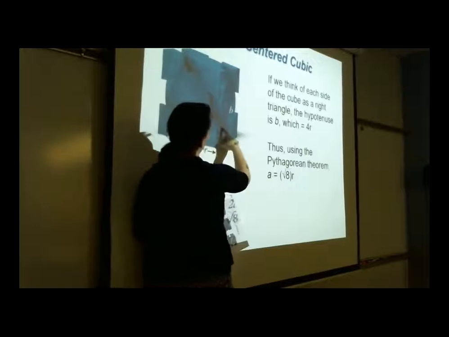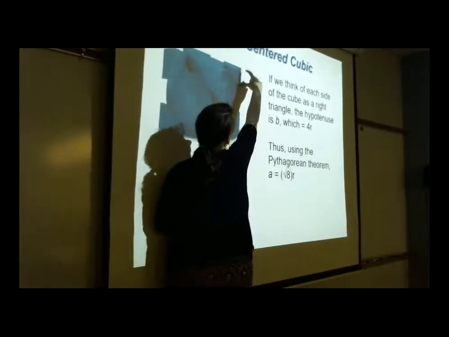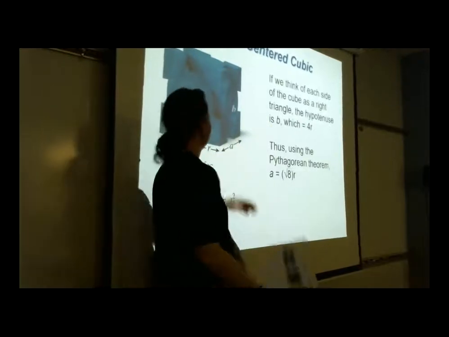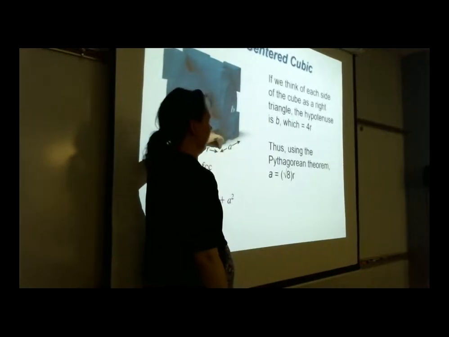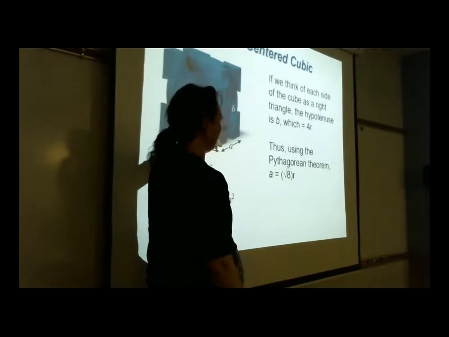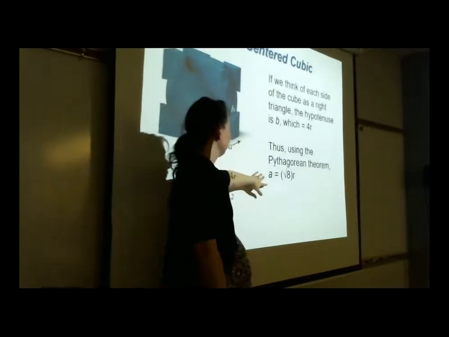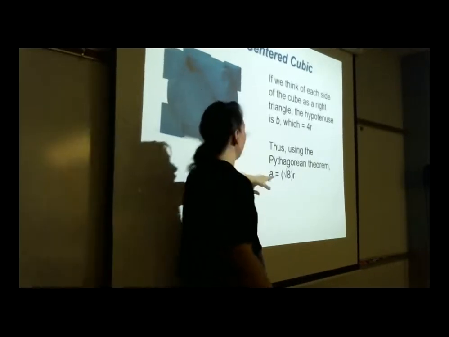Because think about it. There's 1R, there's 2R, there's 3R, there's 4R. Right? So we're using a right triangle, and I'm not going to make you go through the derivation, but if you go through the Pythagorean theorem and you solve for A, you get A equals square root of 8.